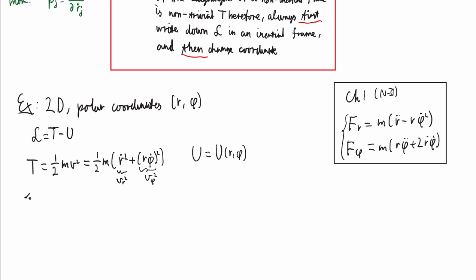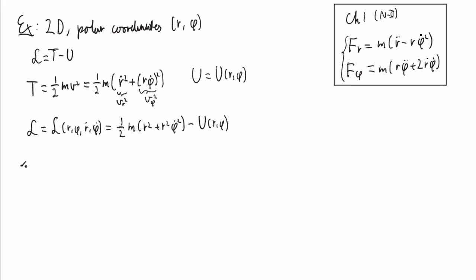Okay, so the Lagrangian, therefore, is equal to a function that depends on r, phi, r dot, phi dot. Doesn't depend on time in this case. So it is 1/2 m times r dot squared plus r squared phi dot squared, minus U of r, phi.